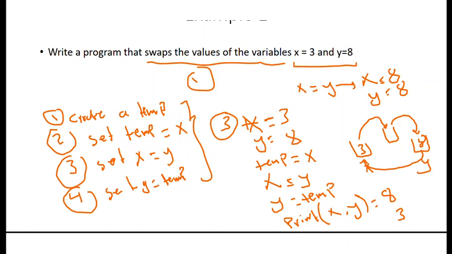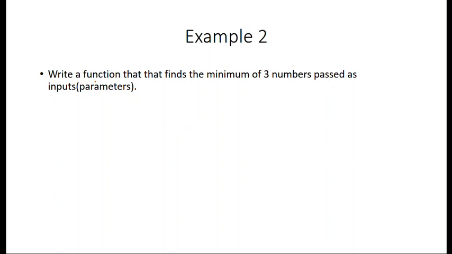Okay. Now let's take another example here. Write a function that finds the minimum of the 3 numbers passed as inputs or parameters. Okay, so the goal of this program is to write a function that finds the minimum of 3 numbers. That's our goal, right? Second step is to define the steps we need to go through.